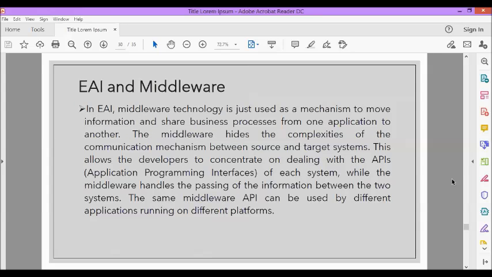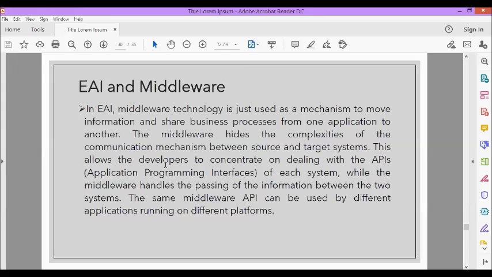So now let's discuss the relationship of EAI and middleware. In EAI, middleware technology is just used as a mechanism to move information and share business processes from one application to another. The middleware hides the complexities of the communication mechanism between source and target systems.